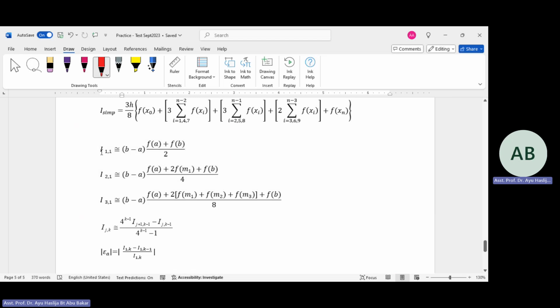The first level of integration uses trapezoid, so you will be given this equation. For the following Romberg, you should use the equation over here.